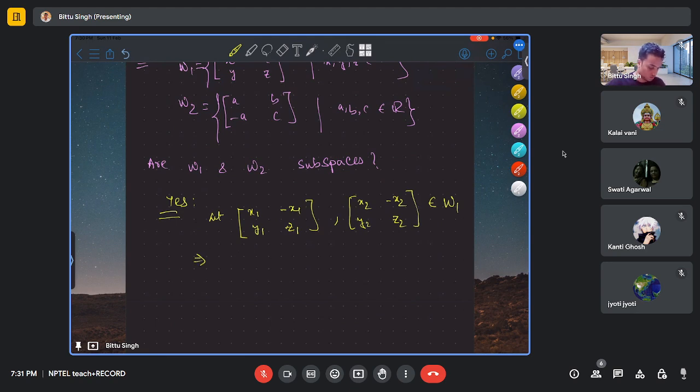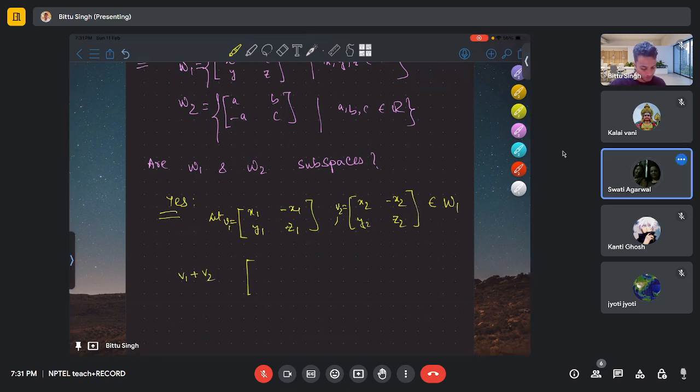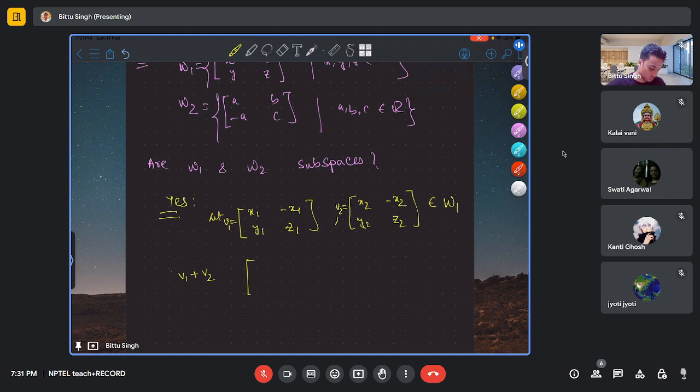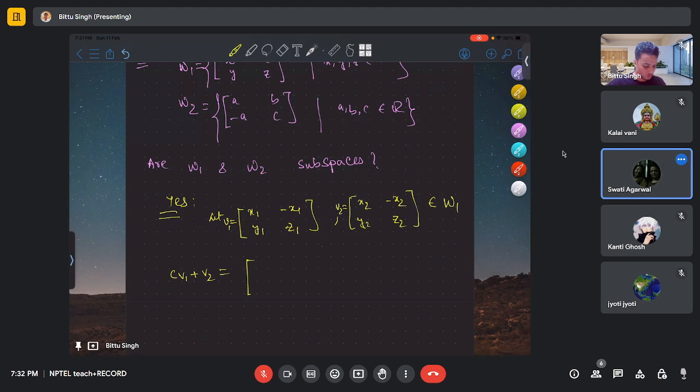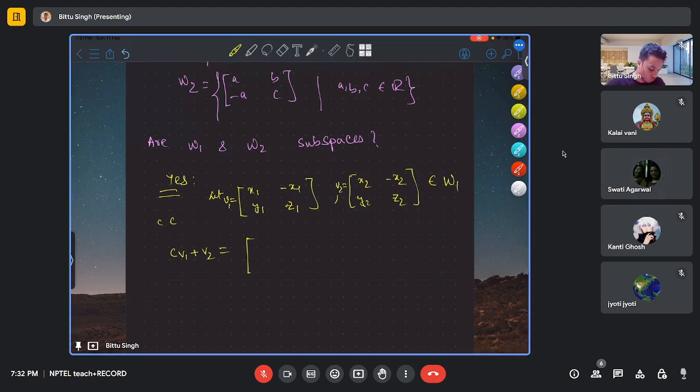If we take their sum, what will be the sum? So let V1 equal to this and V2 equal to this vector. Then V1 plus V2, or you can take the combination like this also, cV1 plus V2, where c is any real number.